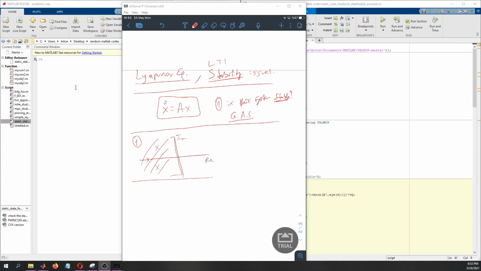However, the eigenvalue computation is not numerically stable.